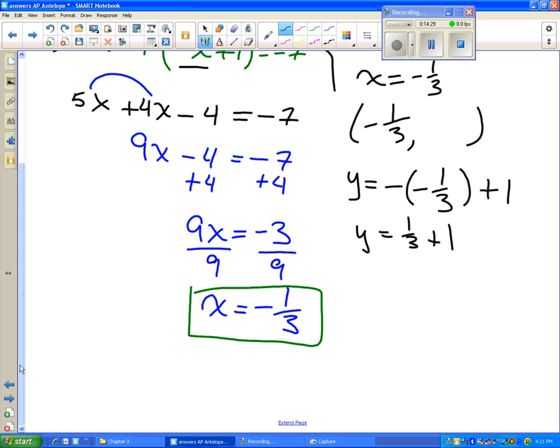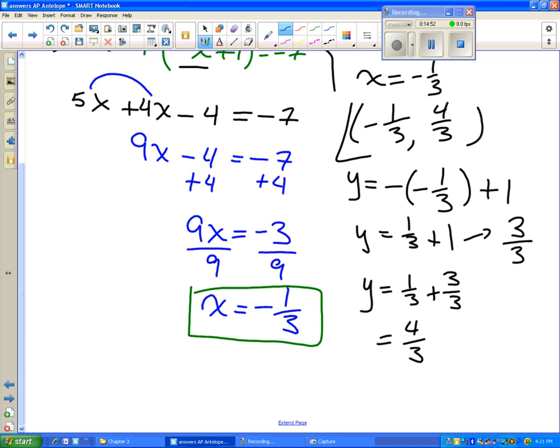So I need to remember that 1 is actually the fraction 3/3, because 3 divided by 3 is 1. So this is y is equal to 1/3 plus 3/3, which gives me 4/3. Again, your calculator will do this addition for you. There is my answer, my solution to the system.